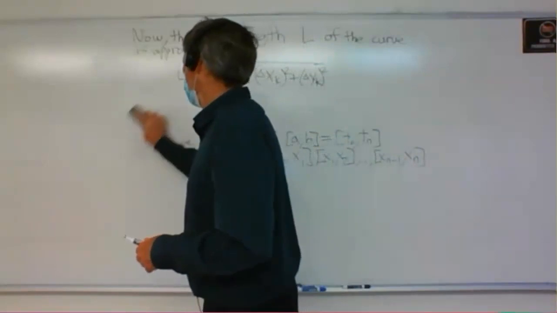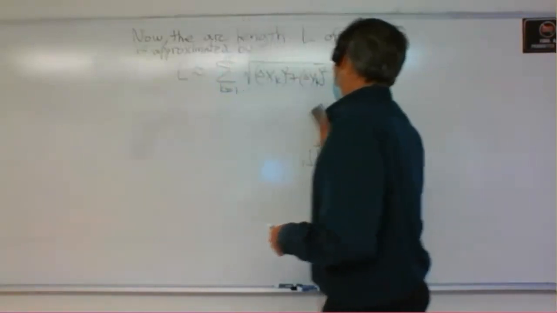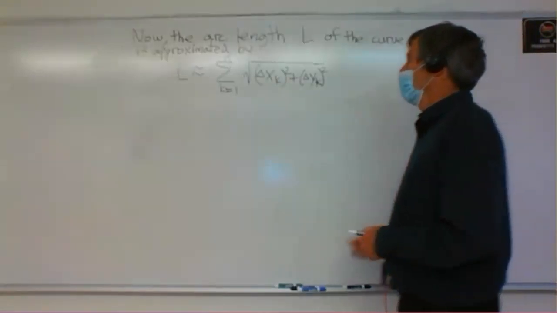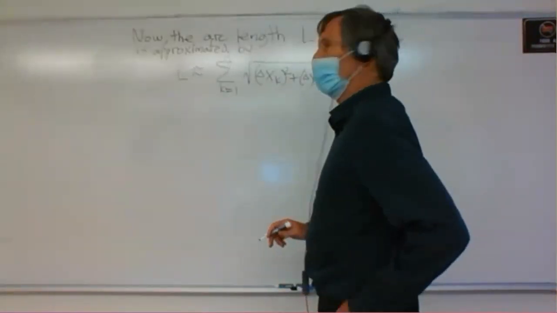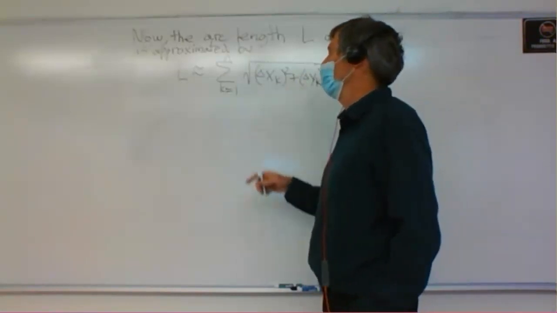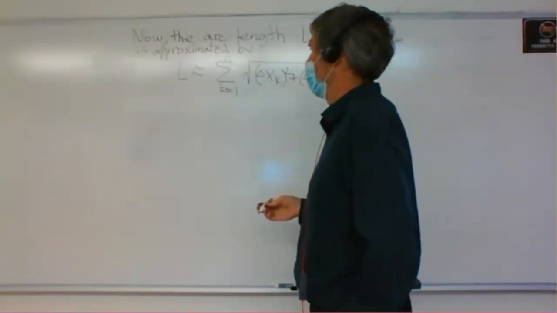Well, if this is actually a smooth curve, a curve that has a continuously changing derivative, it can be argued that in the limit, as the number of pieces goes to infinity, the error between this and what you should be calling the length of the curve goes to 0.